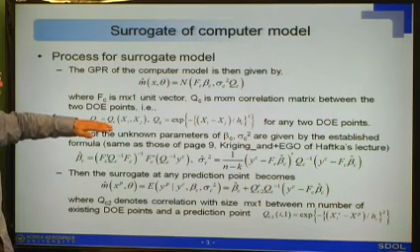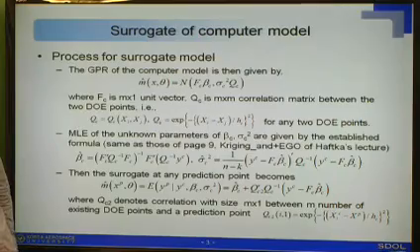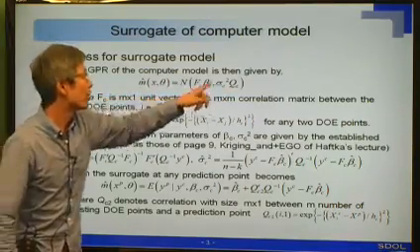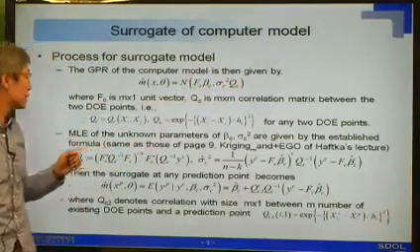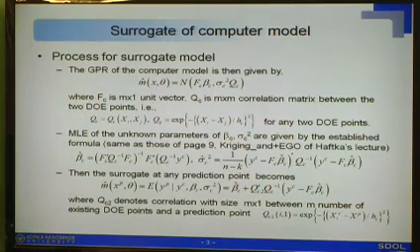Usually, the covariance matrix is given in this form. By the way, I will call this entire thing a covariance matrix, and it will be given somewhere else.